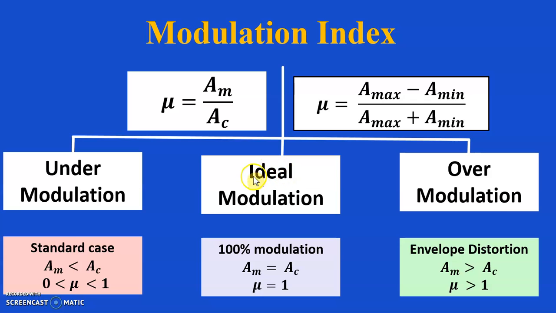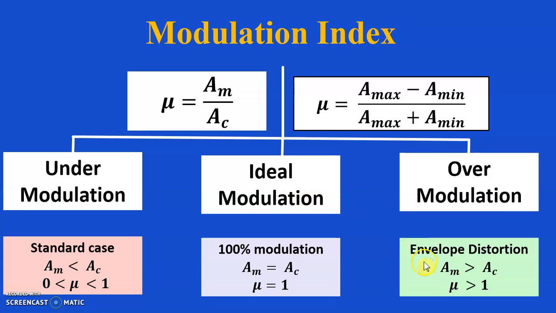While if the amplitude of the message signal is equal to AC, then mu will become equal to 1 exactly. We call it 100% modulation, and this is for the ideal modulation.